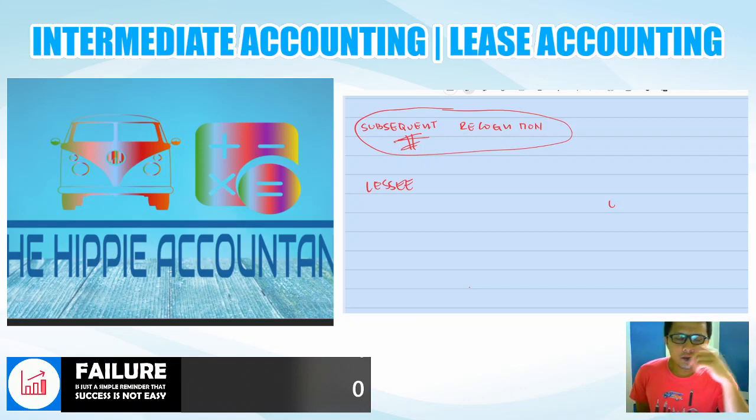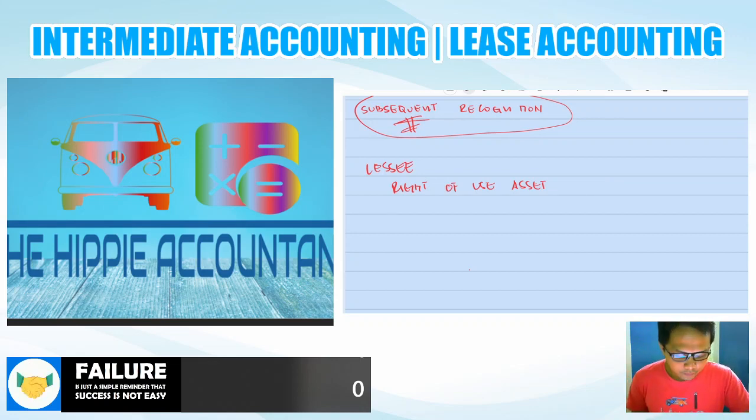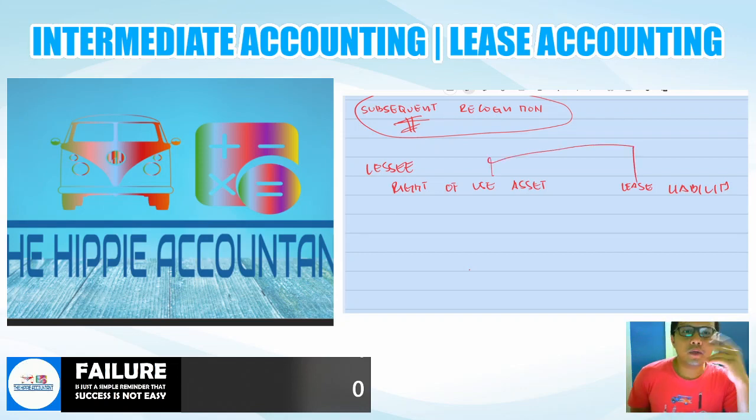So in the lessee's perspective, because the lessee recognizes the right of use asset and also a lease liability, we will have two separate accounting treatments in these two accounts.